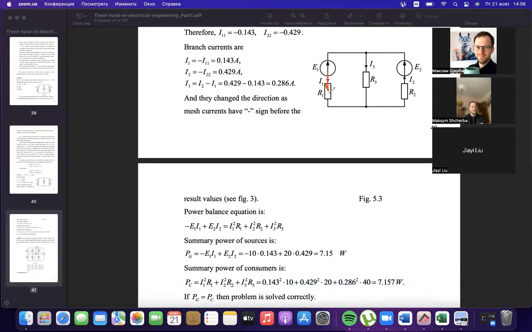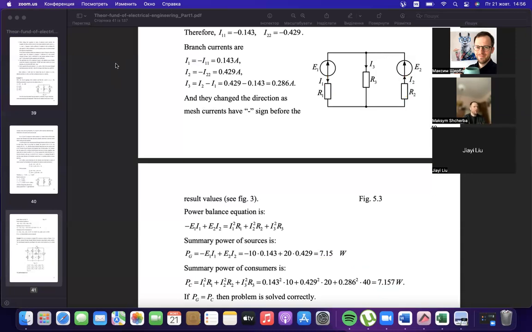As we see, current flows in the first case in the opposite direction, which means that the power of the source will be negative. This source also works as a consumer. But the second current flows in the same direction as the source, so it should be taken positive, and you obtain, as a result, also almost 7 watts. These 2 numbers are equal, which means that the power balance is also true for our calculation.